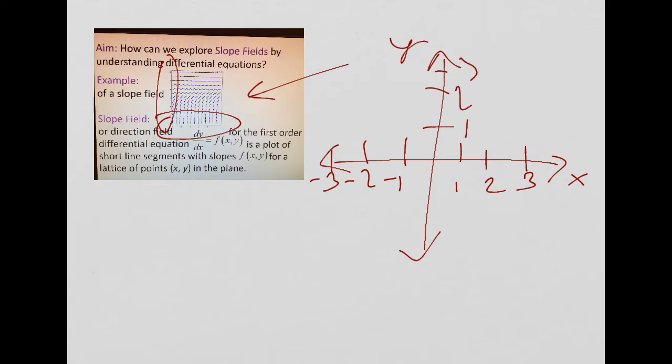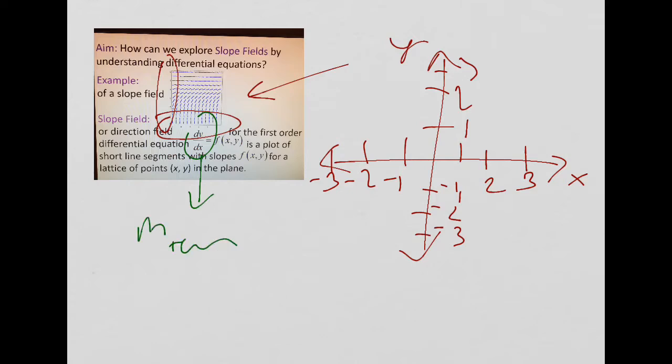Okay? And what we're basically looking at is a way in which we can see the equation of our function from solving a differential equation. A differential equation is one in which you see the derivative. Now we all know the derivative is the slope of the tangent line.